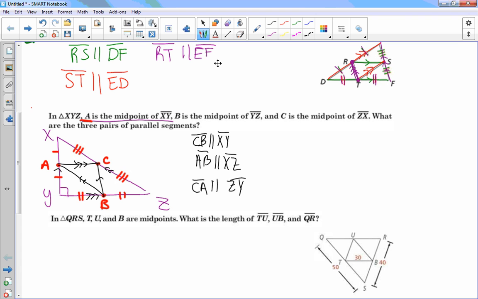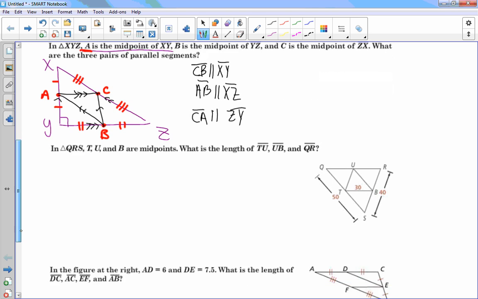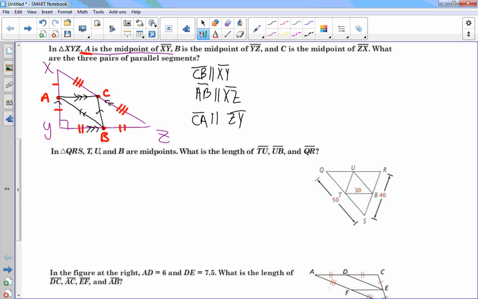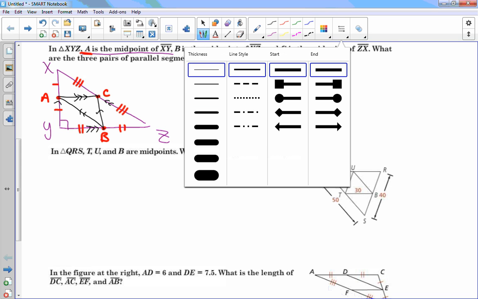Okay, now there was a second part of the theorem that said that the mid-segment is half the length of the third side. Knowing that it's half the length, we can solve for missing lengths. The next one says triangle QRS. It says T, U and B are midpoints. Well, if they're midpoints, let's draw some tick marks in.